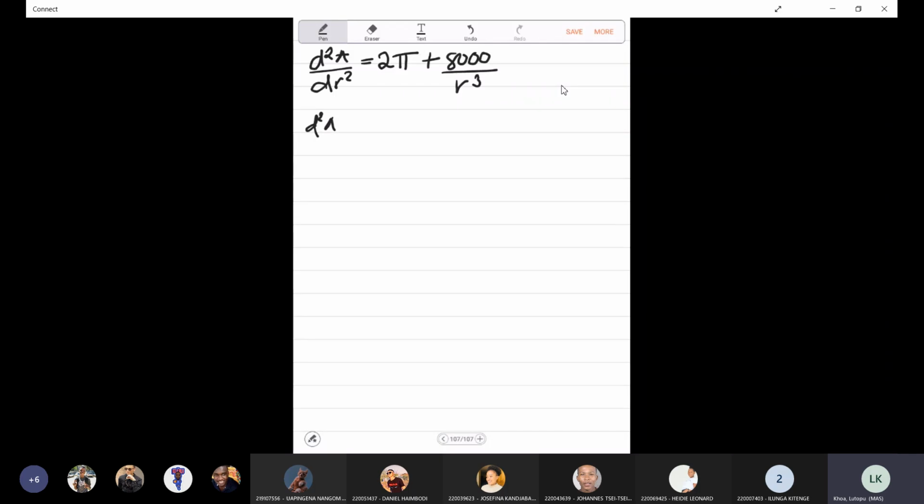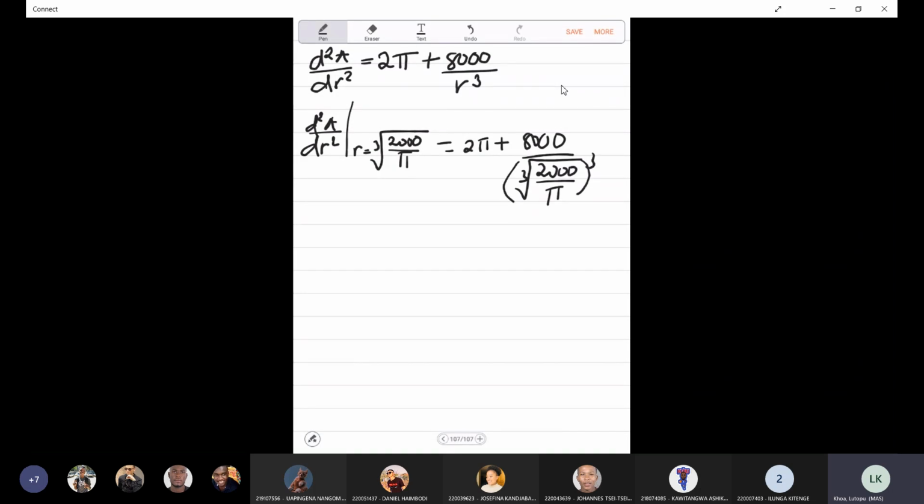So this, when r is equal to the cube root of 2000 over pi, this is 2 pi plus 8000 over the cube root of 2000 over pi, cubed. And then our answer should be 3 pi.